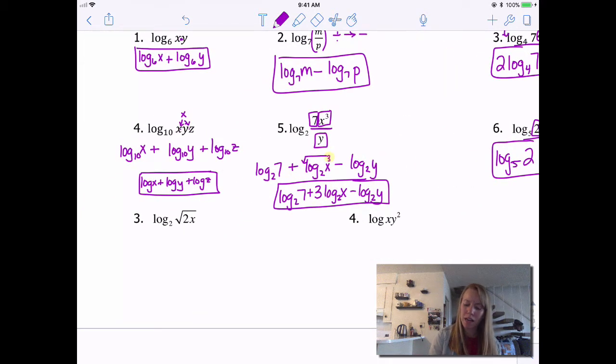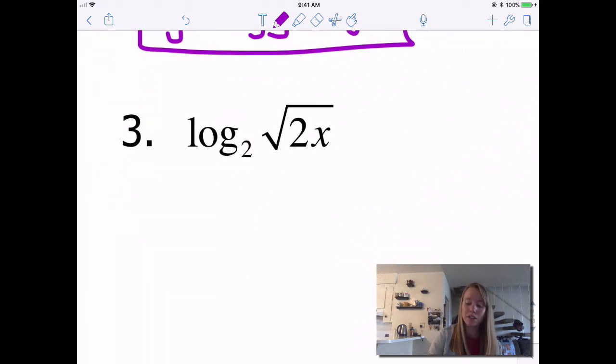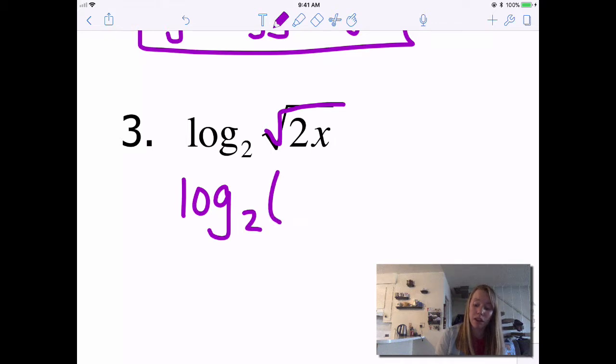And the last ones, this number 3, there's another number 3. This one's a little tricky because of this square root, but the main thing to remember is another way to write a square root is with a power. So I can write 2x to the 1/2, and then notice that this is a power, okay?